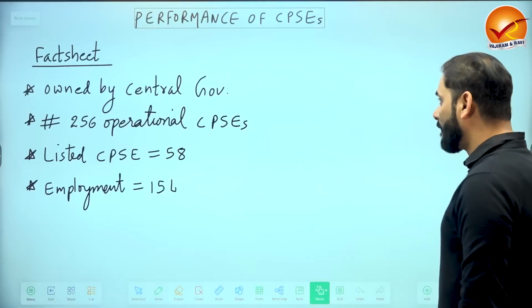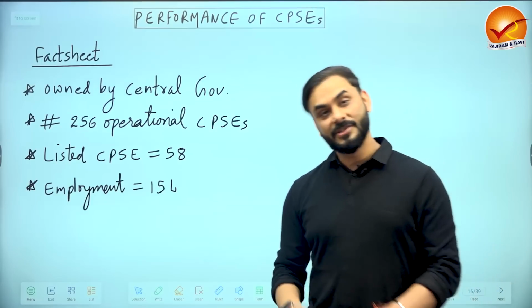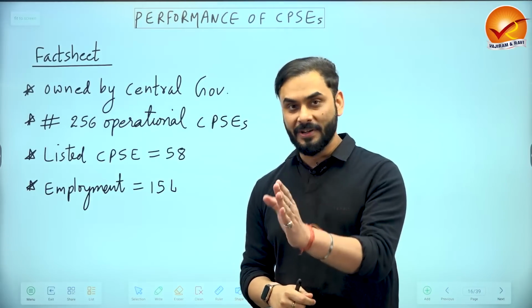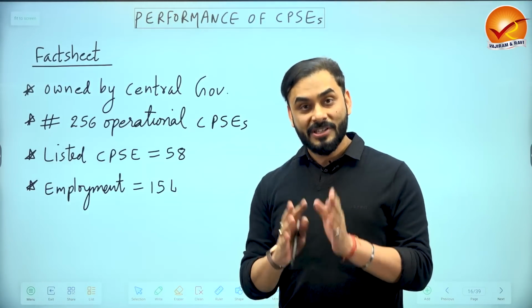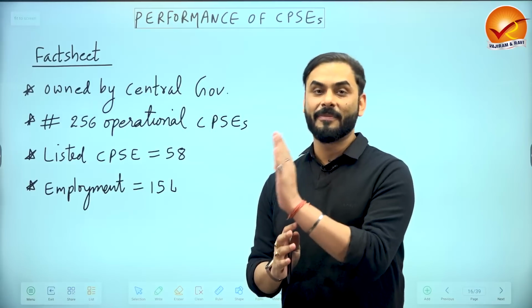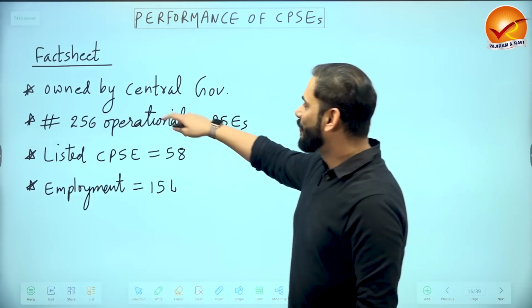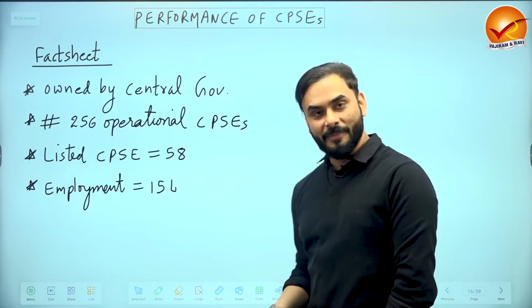Now guys, let us look at the performance of public sector enterprises, which means the government companies. There are two types of public sector enterprises, one which is owned by the central government, one which is owned by state governments. One which is owned by the central government is called CPSE, Central Public Sector Enterprises. So let's look at some basic facts for fun. Who owns the CPSE? The central government.